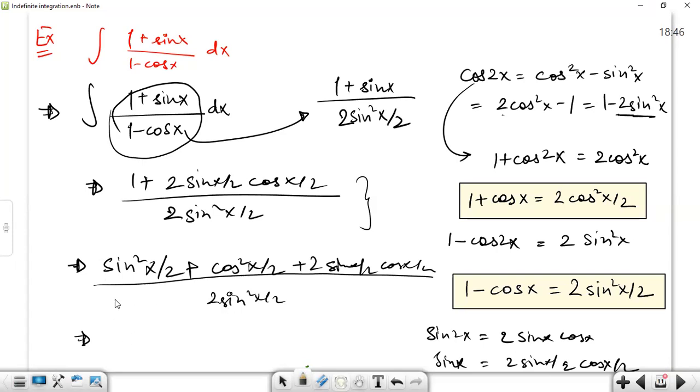Sine square of x by 2 upon 2 sine square of x by 2 will become half, plus cos square upon sine square will become another half into cot square of x by 2, plus sine x by 2 and 2 will cancel, and cos x by 2 upon sine x by 2 will become cot of x by 2. So have I made any mistake, or is it correct now?